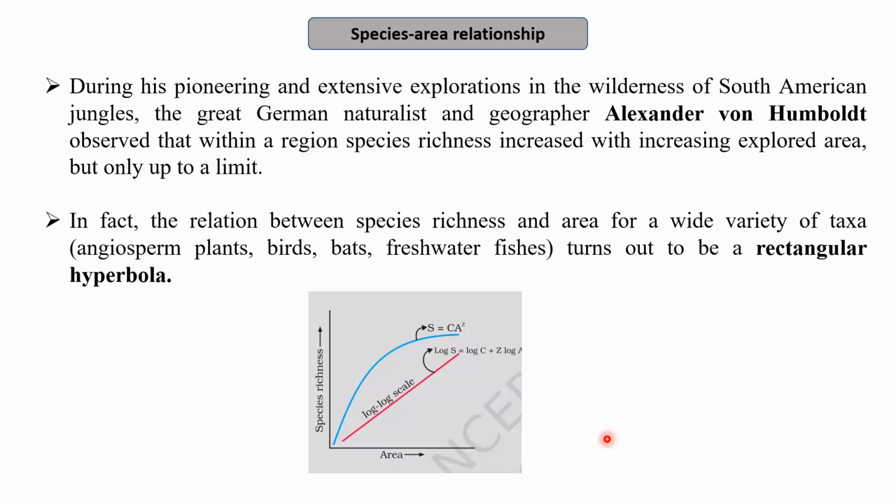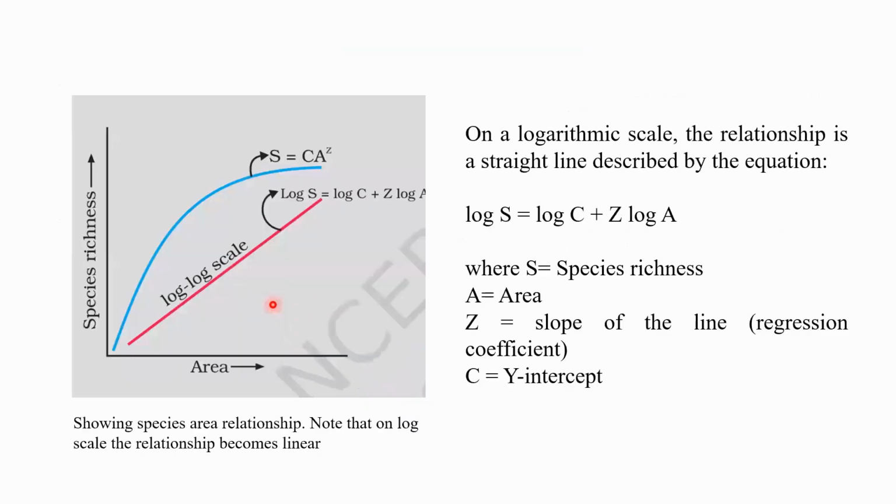In fact, the relationship between the species richness and area for a wide variety of taxa, that is the angiosperms, plants, birds, bats, freshwater fishes, turns out to be a rectangular hyperbola. On a logarithmic scale, the relationship is a straight line, described by the equation log S is equal to log C plus Z log A, where S is the species richness, A is the area, Z is the slope of the line, or the regression coefficient, and C is the intercept.